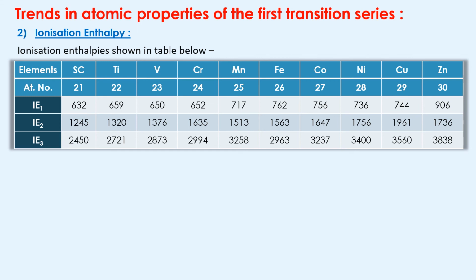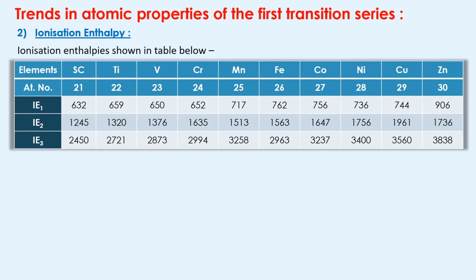Means what? Its ionization enthalpy increases. First ionization enthalpy is less as compared to second ionization enthalpy, as compared to third ionization enthalpy. So this is the observation among the elements.